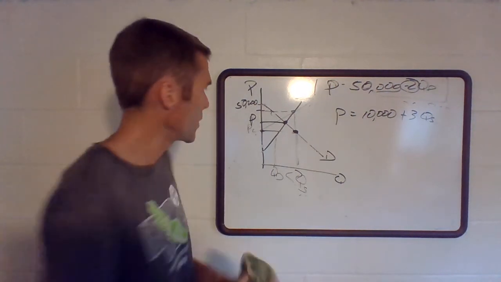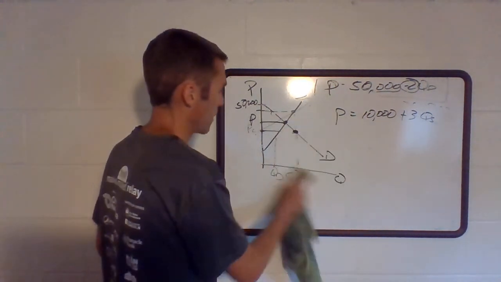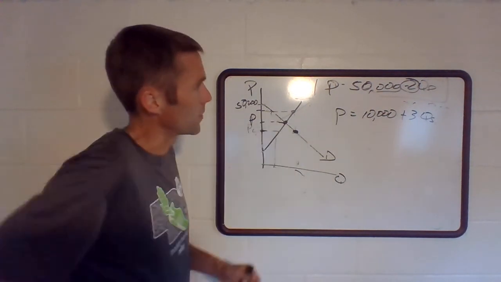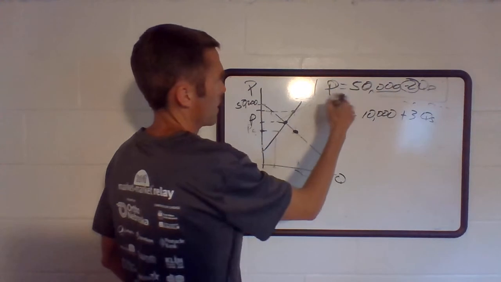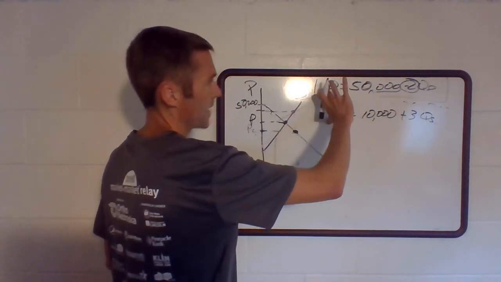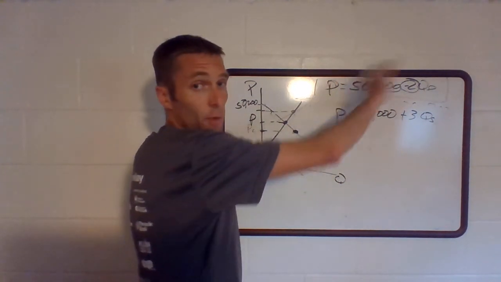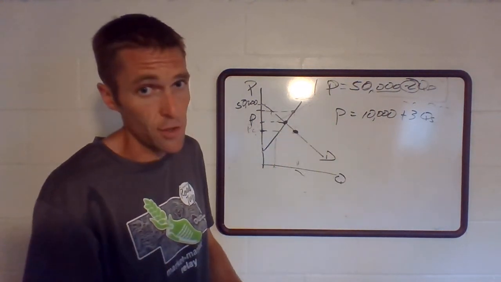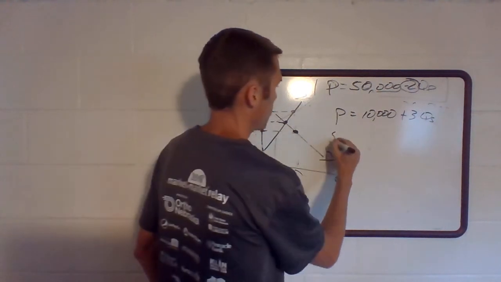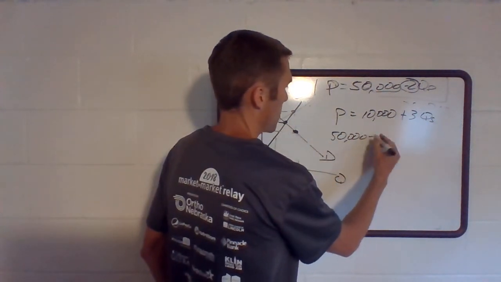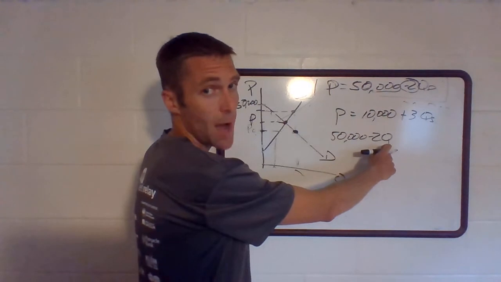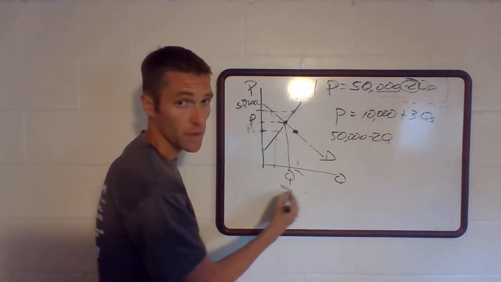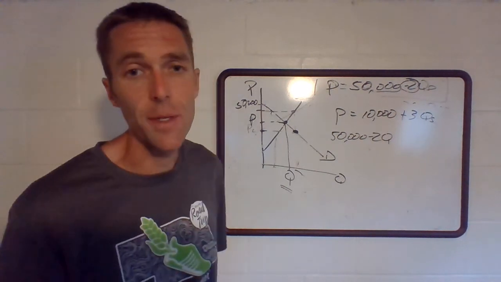And they do that. That's pretty easy to imagine. Okay? So, let's solve this. I have two equations and two unknowns. P is equal to P, so the left sides are equal. If P is equal to P, I'm going to force the right sides to do the same. So 50,000 minus 2Q, and notice I dropped the subscript because this quantity that I'm solving for, quantity supplied, is equal to quantity demanded.